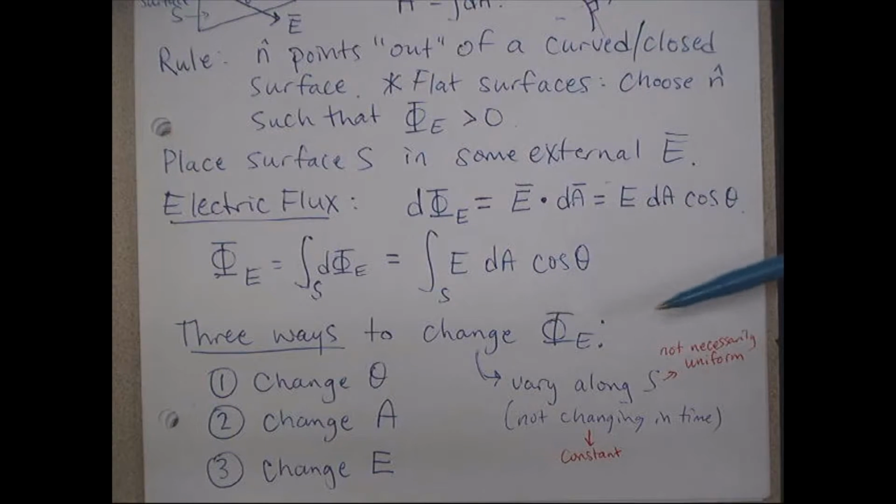These are things that may vary along the surface S if the electric field is not uniform. That angle and electric field magnitude may be different everywhere along the surface, but in general we'll for now consider things that are not changing in time. They are constant. What are the units of electric flux?